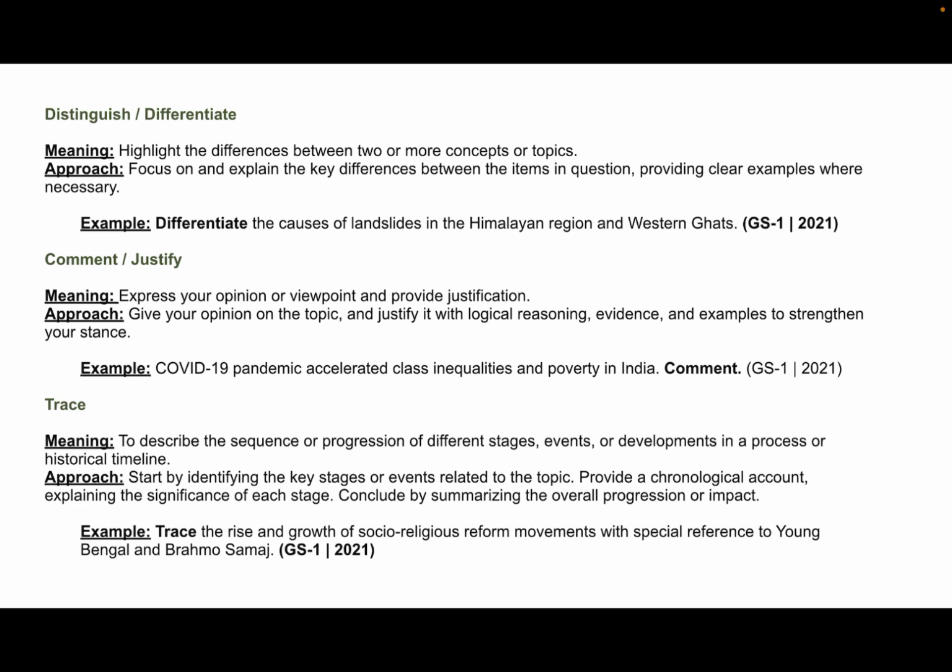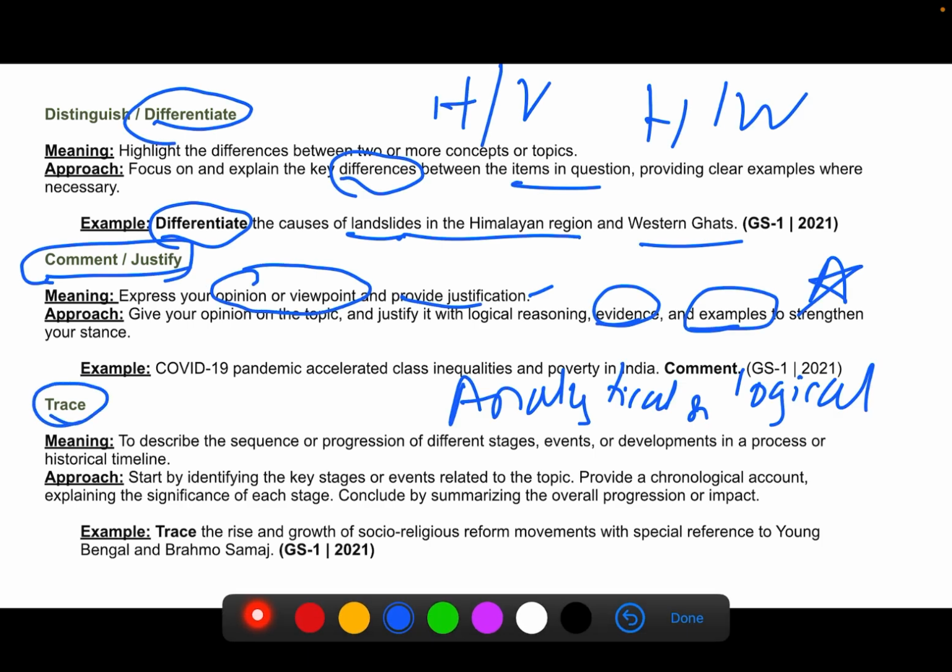It is mostly relevant to a chronological sequence or the logical process involved. Trace essentially means providing answers in a logical and structured manner. The structure is most important in this question.